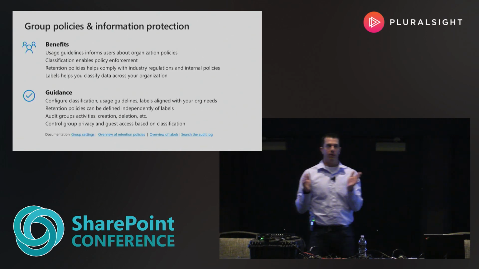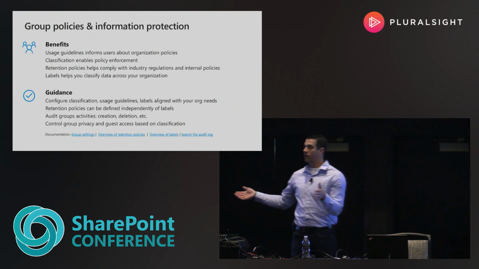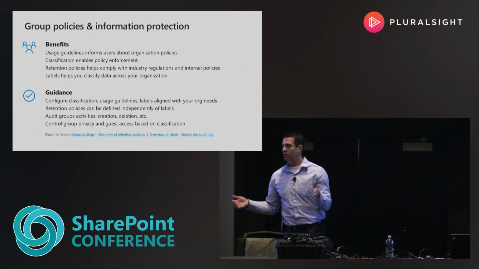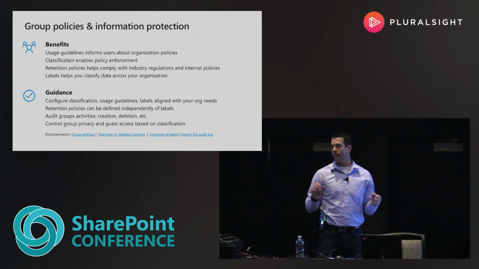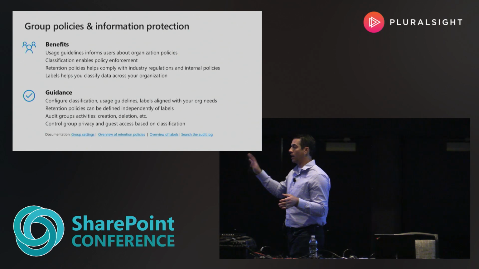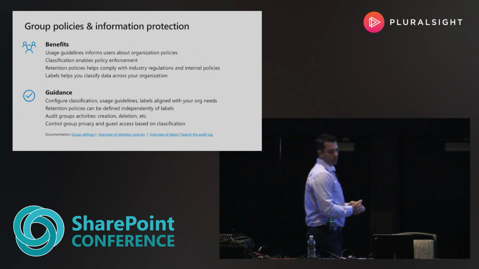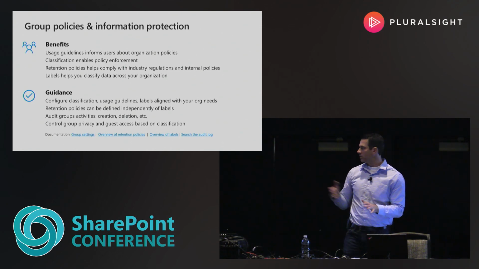And what that means is if your group is created and someone selects, let's say, highly confidential from the information protection suite, you can now drive behaviors like make sure that group must be private, or you can only see the content if you're a member. Additionally, you could flag it to say that you're not allowed to invite external guests. Okay, so labels help you classify groups inside your organization, and a lot of these policies are super powerful.